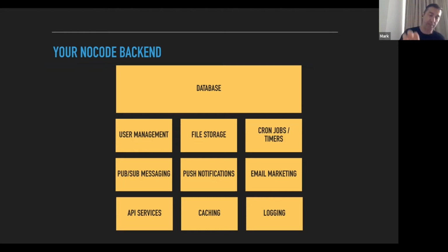I took these boxes from another presentation that I did where I talked about Backendless, but I believe that these functional areas apply uniformly regardless of the system that you use to build applications without any code or even with code. So database, a large block here. The reason it's big is because I believe it is going to be the most important thing that you could have in the data-driven application. That's why it's going to be big and significant.